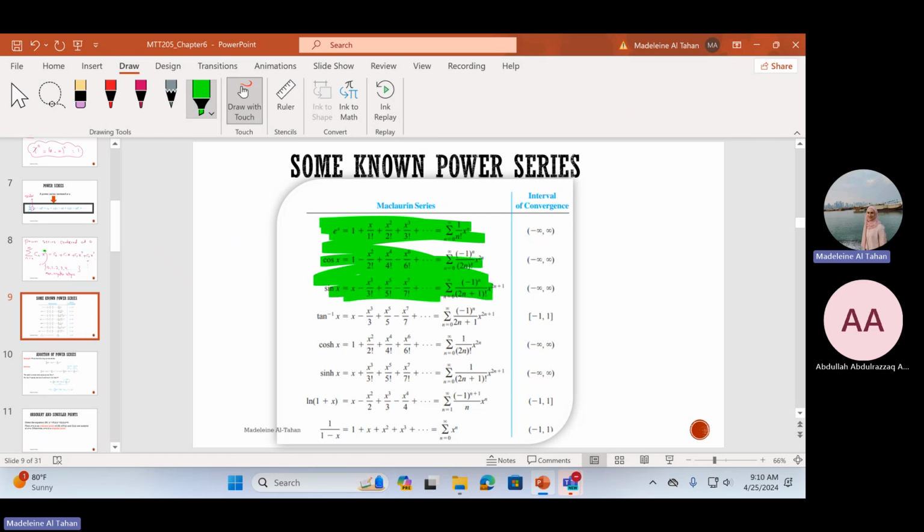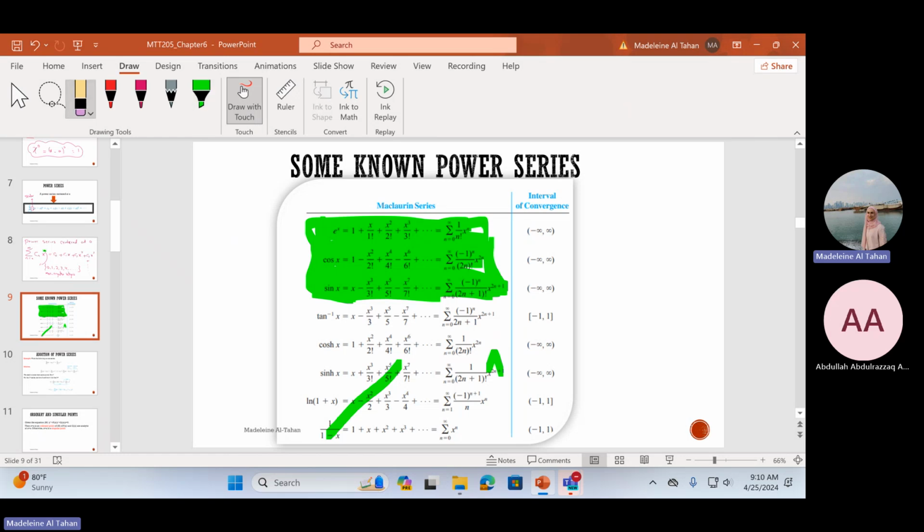At this moment, I don't need them, but just in case we needed them, we already have them. And here, the interval of convergence is over 3 points. At this moment, we don't want to use them. If we encounter a question where we need them, we will go back to them.